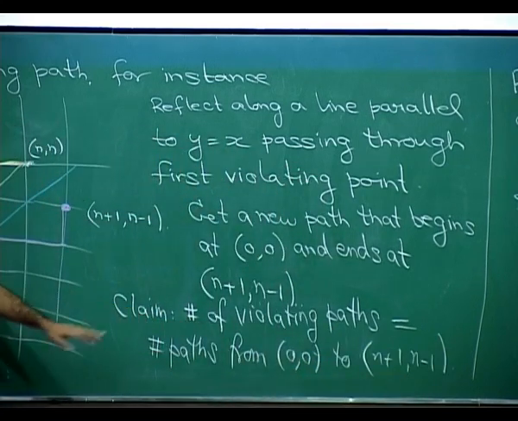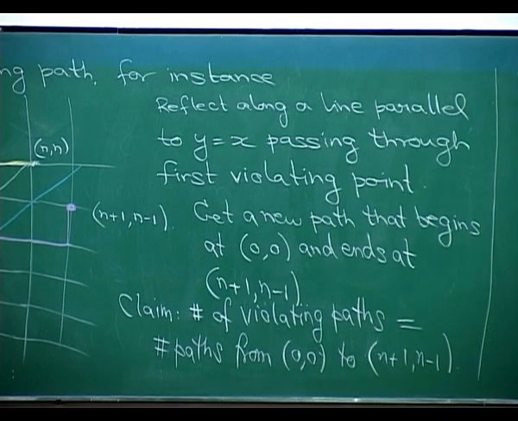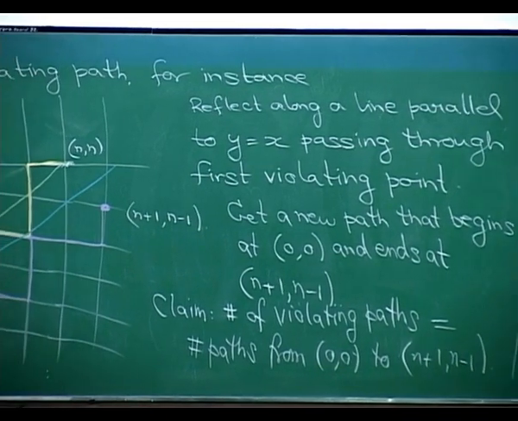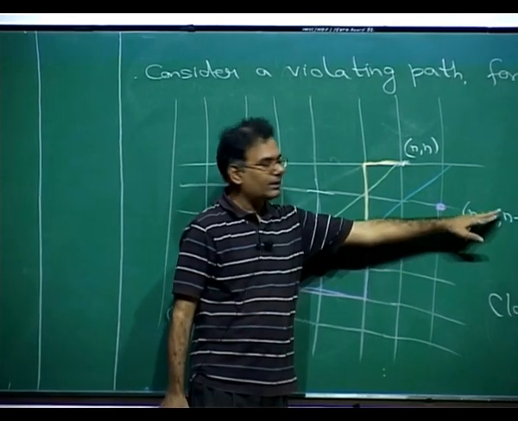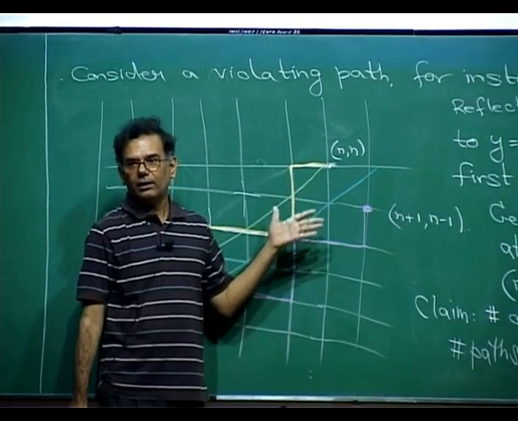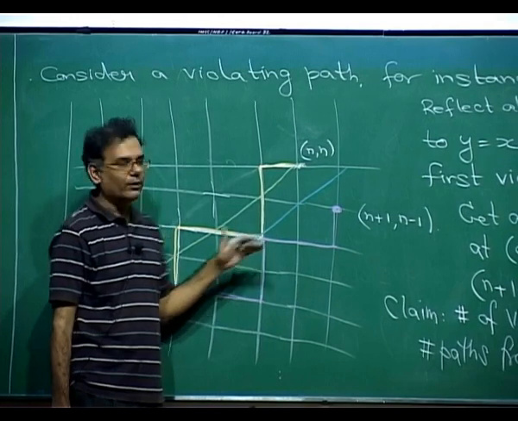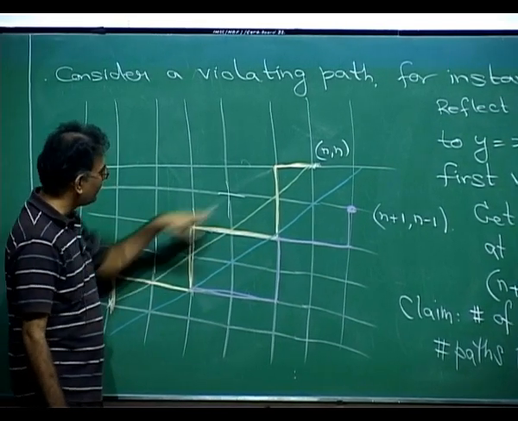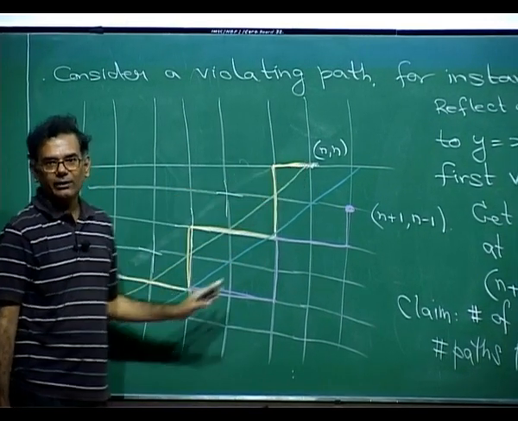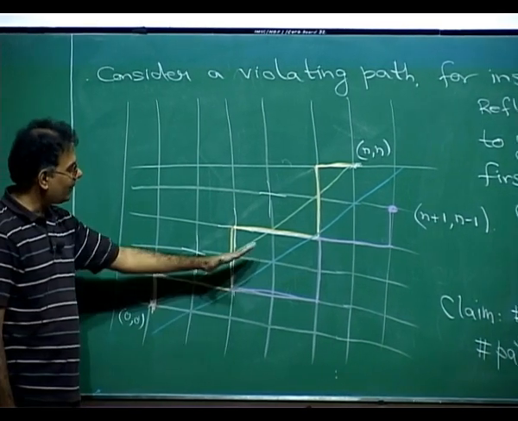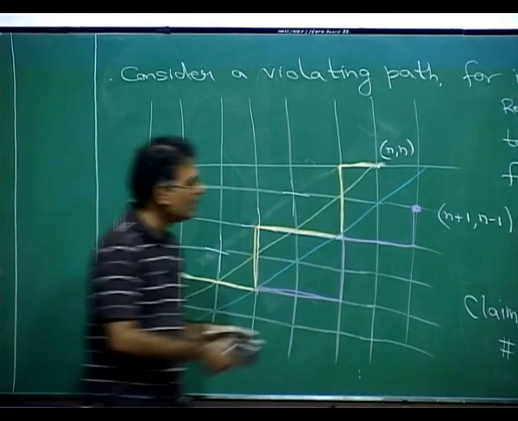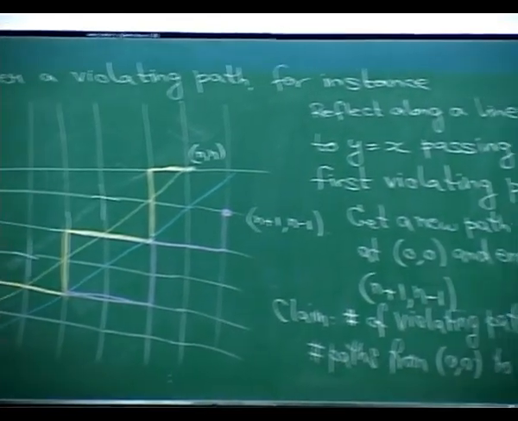Let us try to understand the justification for this claim. This claim is the most important claim in this whole proof. What I am trying to say is, if I take any path at all from 0, 0 to n plus 1, n minus 1, it is obtained by this procedure of taking some path from here to there which violates, and then reflecting around that line passing through the first violating point. This is the claim that we have to understand. Okay, so let's see why.